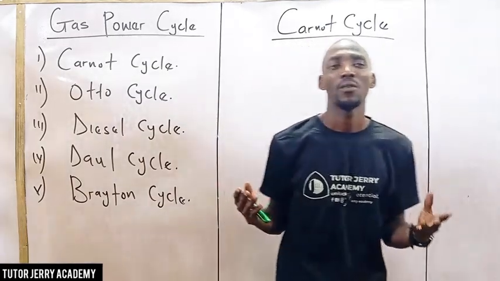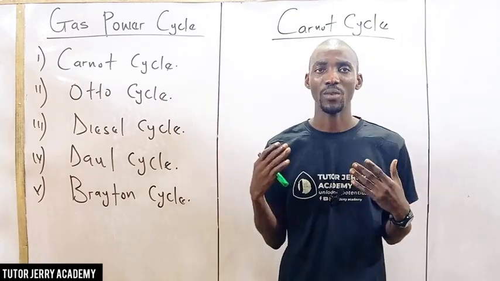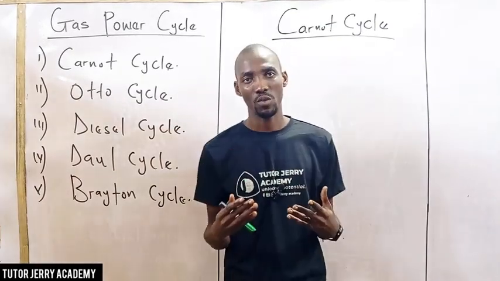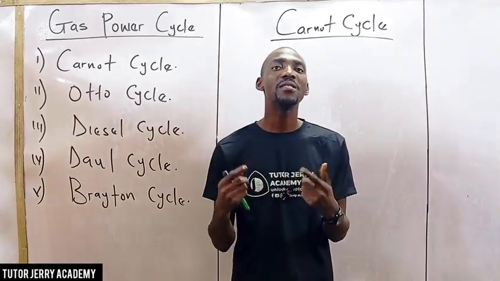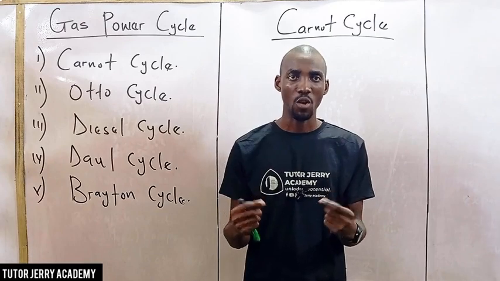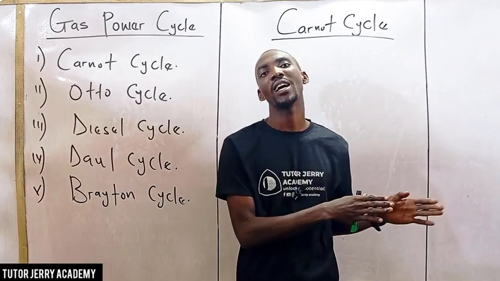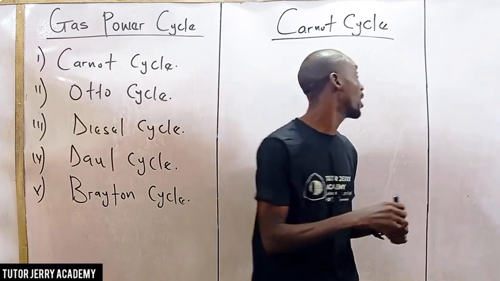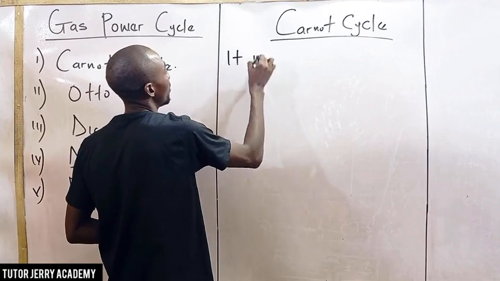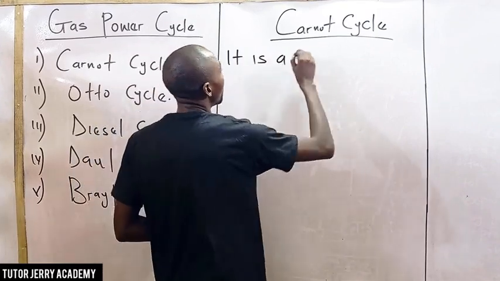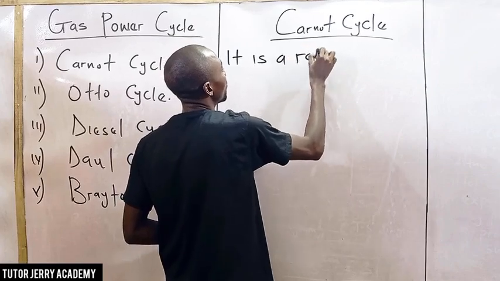When we are asked what a Carnot cycle is, a Carnot cycle is a reversible cycle that gives maximum efficiency when compared to other cycles. Let me write this. It is a reversible cycle.